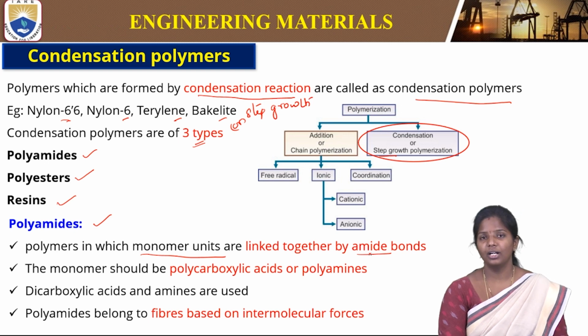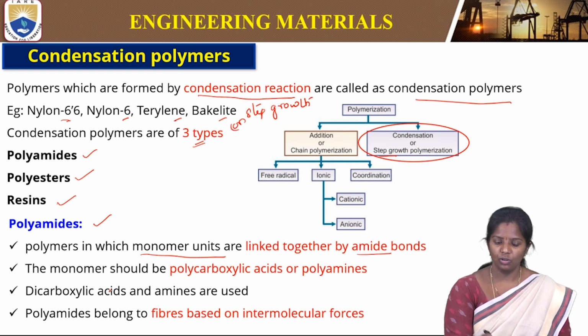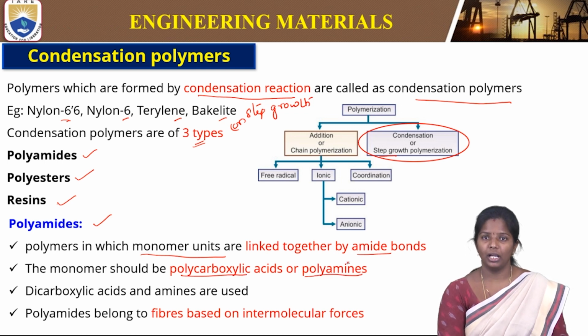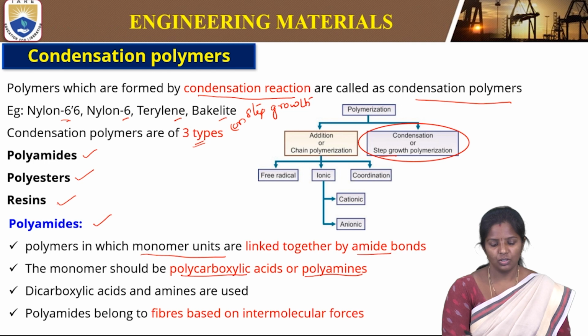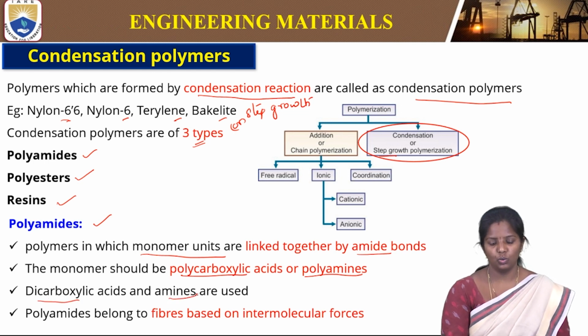So the bonding between the monomeric units is by amide bonds, and then it forms a polyamide. One of the monomers should always be an amine, and the other a carboxylic acid. Only then will the amide bond form between the two different monomers. So usually dicarboxylic acids and amines are used. This is how we select the monomers for forming a polyamide.